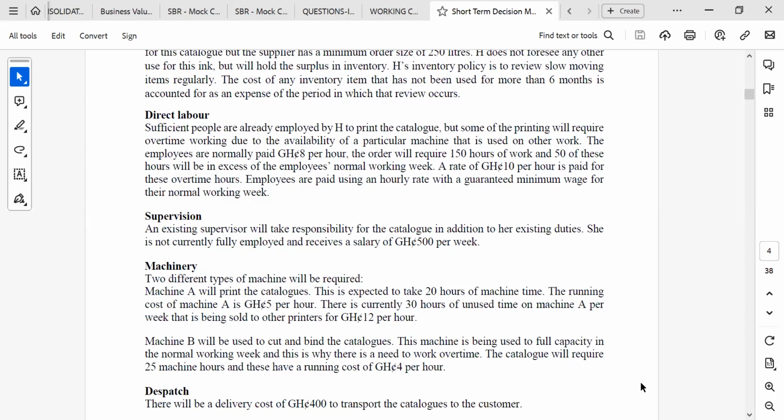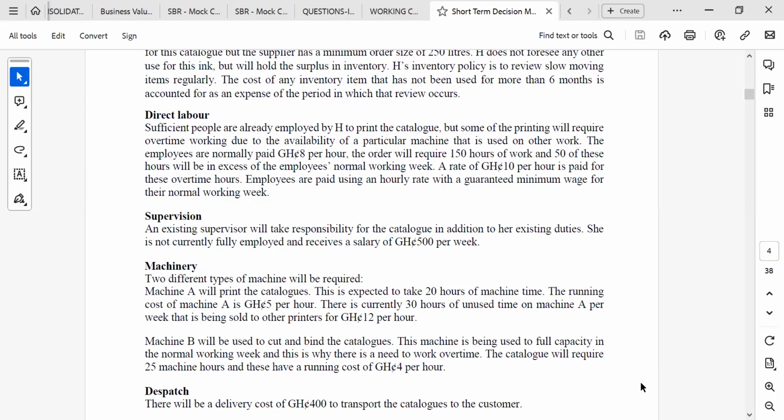Would there be any relevant cost over here? There's none. Why will it be none? It's because she already receives 500 cedis per week.